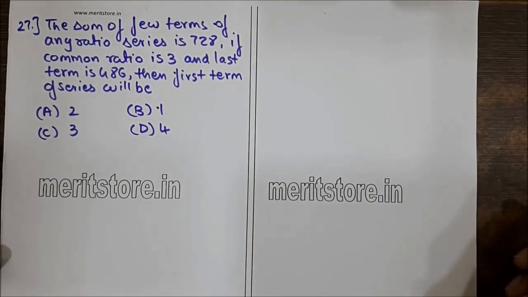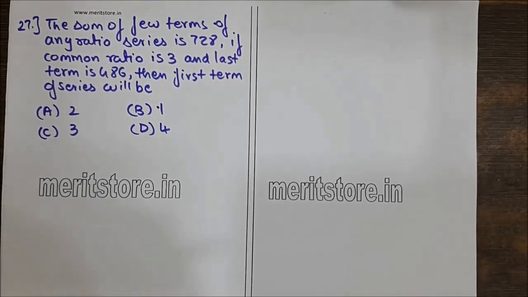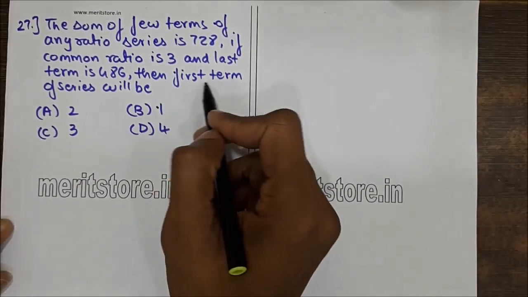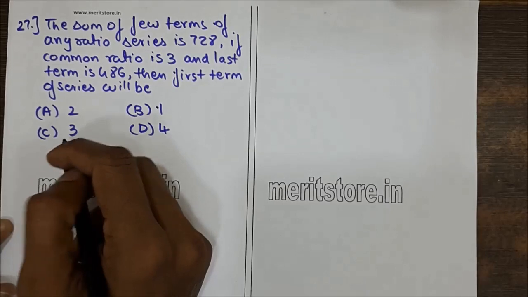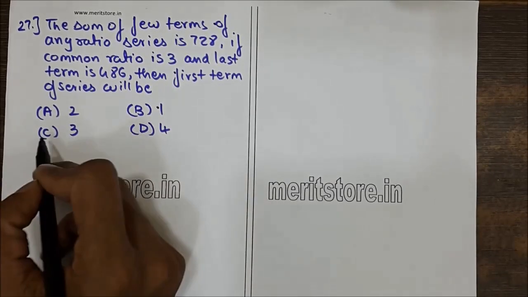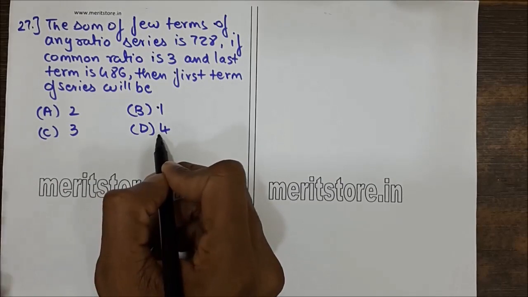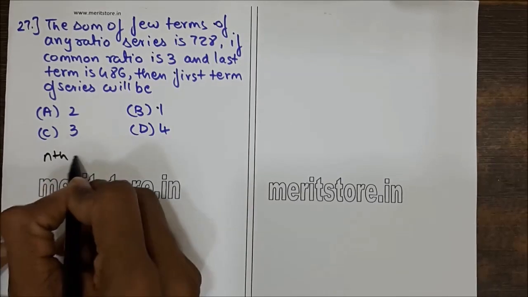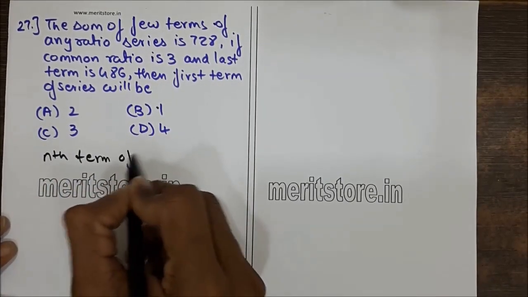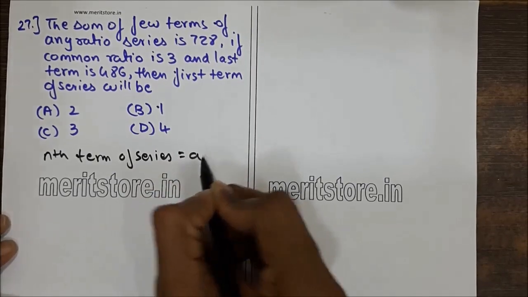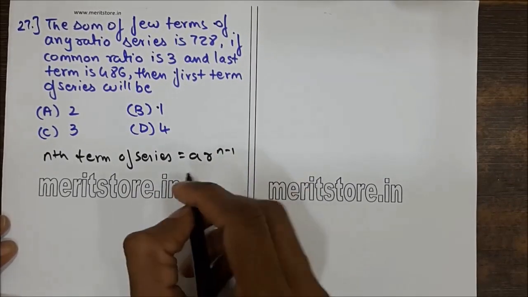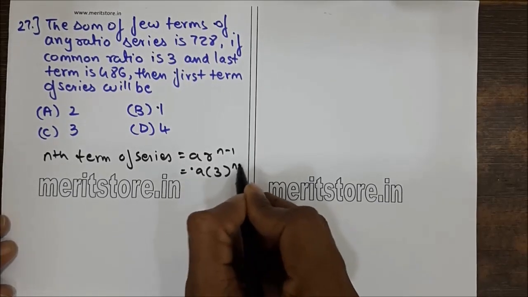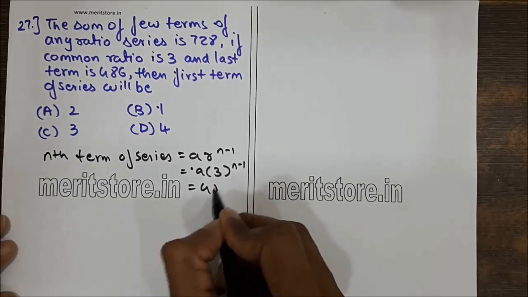Question 27. The sum of a few terms of a geometric series is 728. If the common ratio is 3 and the last term is 486, then the first term of the series will be, we have 4 options, A 2, B 1, C 3 and D 4. The nth term of the series is equal to a into r raised to n minus 1, substituting the common ratio as 3, 3 raised to n minus 1, which is equal to 486.